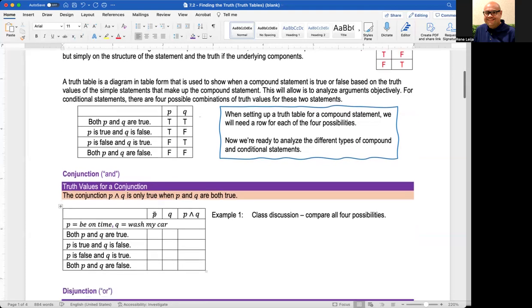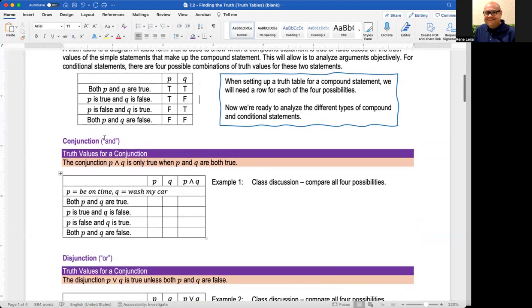Okay, so let's look at the conjunction and. The truth values for a conjunction: the conjunction P and Q is only true when P and Q are both true. For purposes of this example, I'm going to be a jerky boss. P is that I tell you that you have to be on time, and Q, you also have to wash my car.